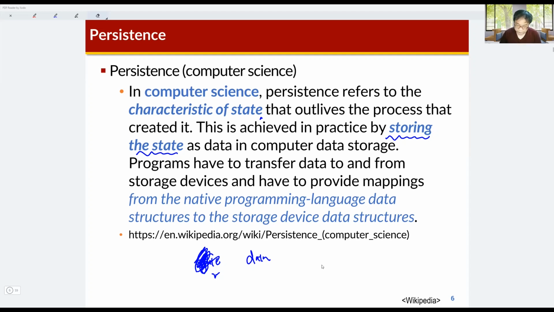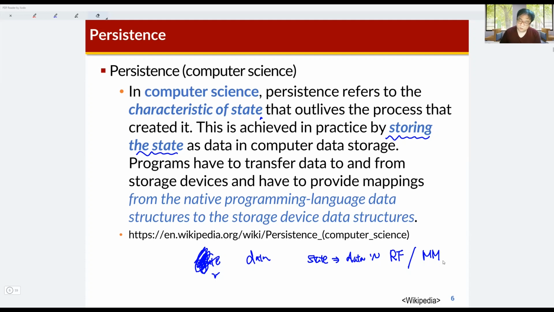If we mention the state in computer architecture, then state means the data in the register file or main memory.